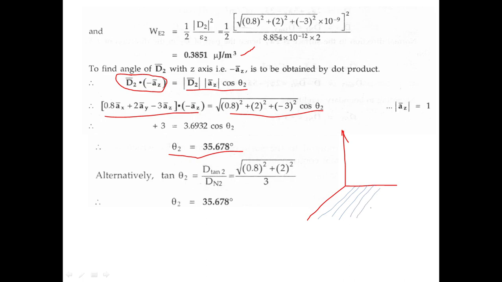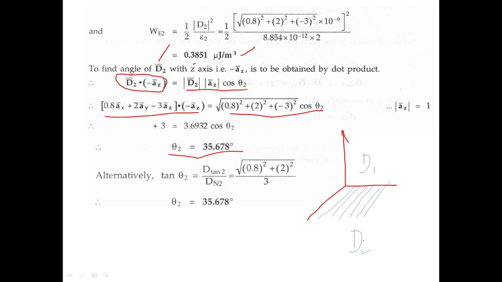Boundary. So above it was D1, below it was D2. Now they're asking us to calculate the angle made by D2 with the Z axis.